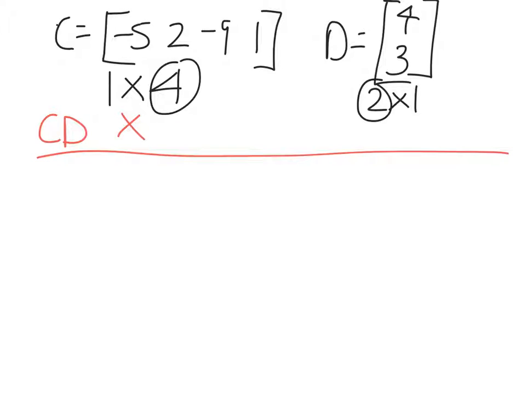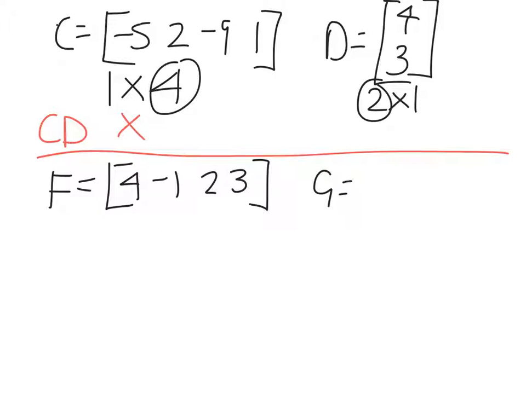So let's say F is going to be the matrix 4, negative 1, 2, 3, and G will be the matrix 10, 9, negative 2, 0. These two can be multiplied together because this has 4 elements and this has 4 elements, which is what I told you before.